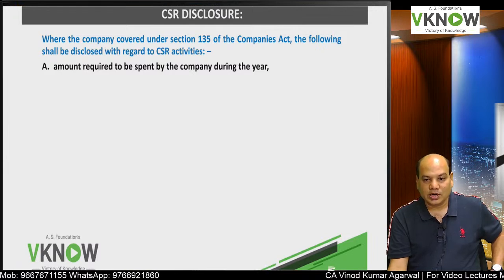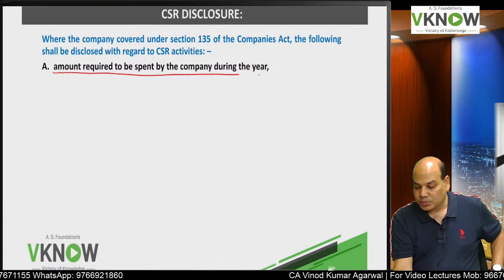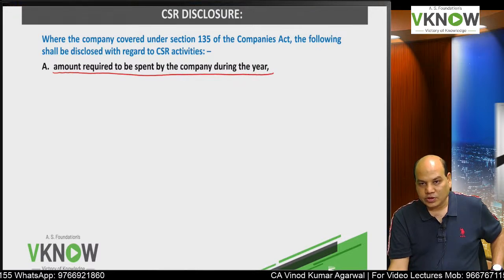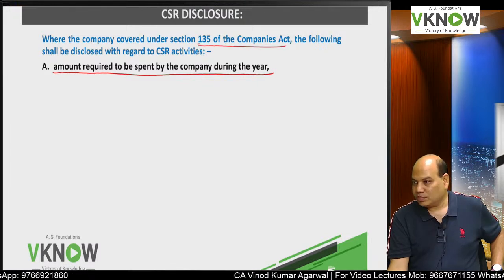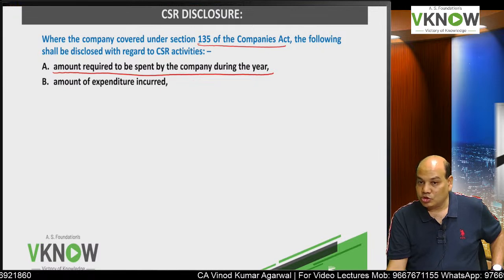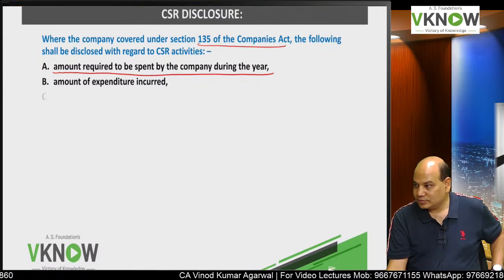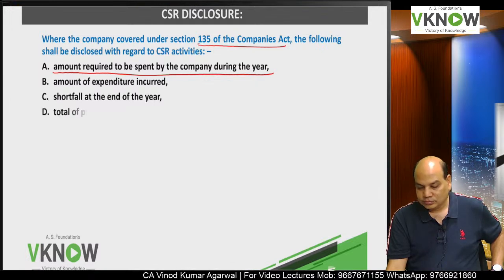So the disclosure requirements are, first you have to disclose how much amount is required to be spent. There is a formula in the Companies Act, 2% of your average net profit, and then you have to check how much you have actually incurred, and if there is a shortfall you have to disclose.